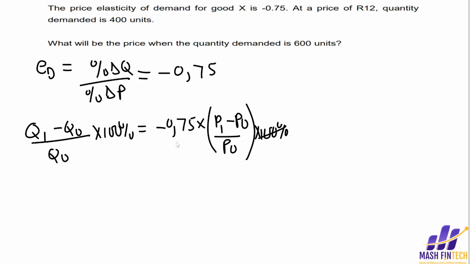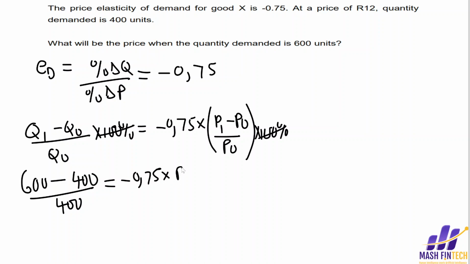The percentages can cancel out. The new quantity is 600, so I made a mistake there. So the new quantity is 600, and the initial one is 400. We divide by the initial quantity of 400. This is equal to minus 0.75. The new price is what we are looking for. So we say P1 minus the initial price was 12, so it's 12 here. We divide that by the initial price of 12.